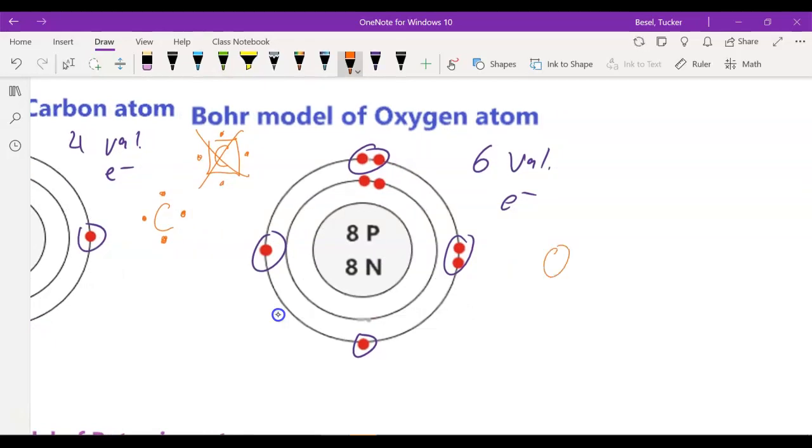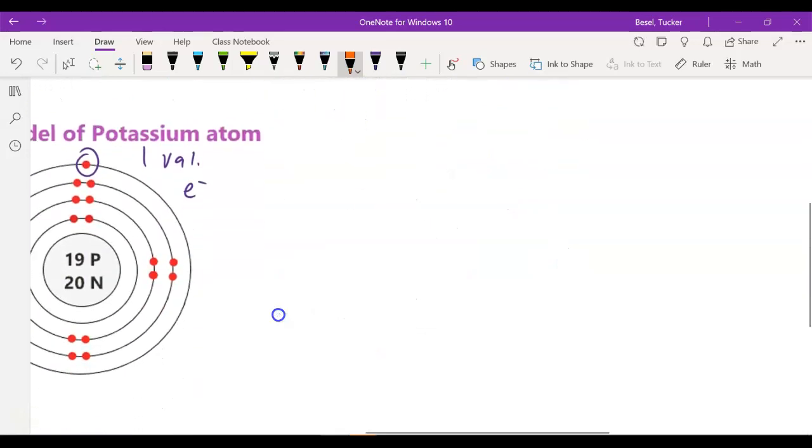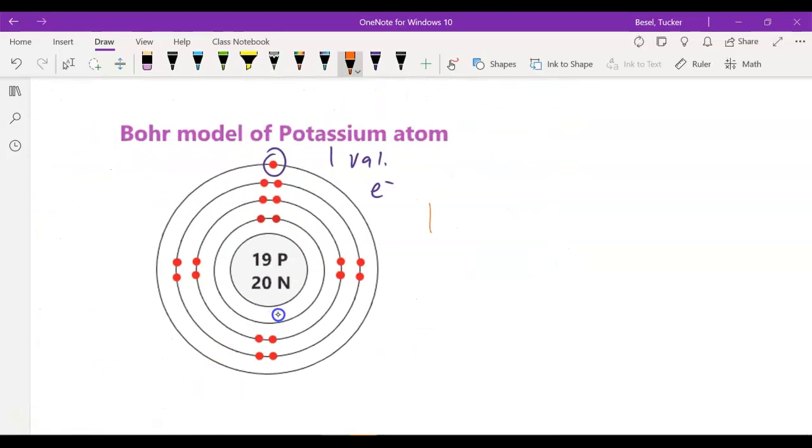So O. So I'm going to do my 1, 2, 3, 4. Then I need to get to 6. Then I'm going to start pairing them up like that. Okay, so that'd be oxygen's. And then potassium, it's pretty simple. Element K, and then just the 1 dot like that.